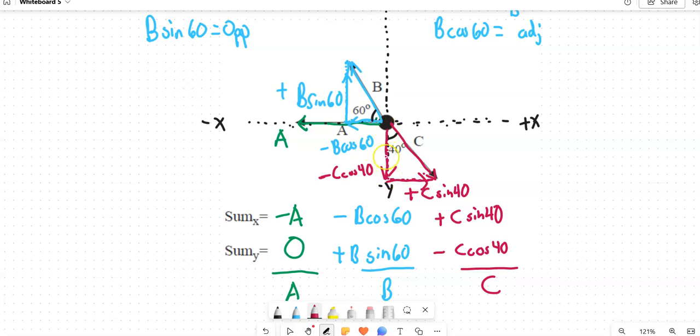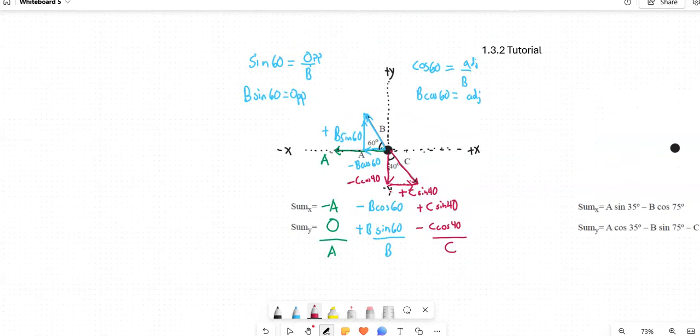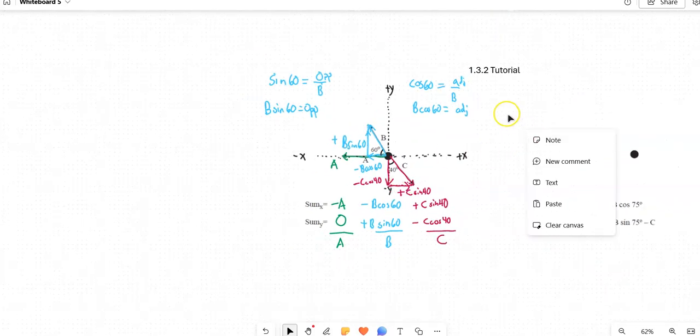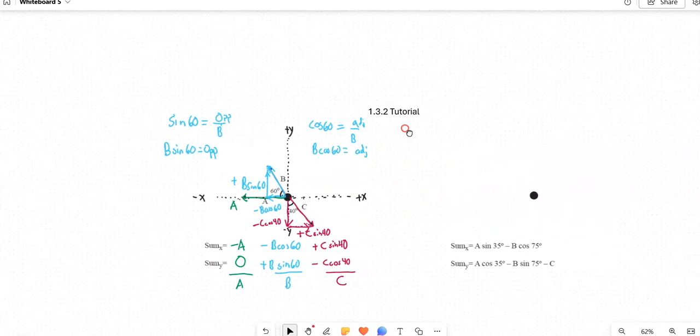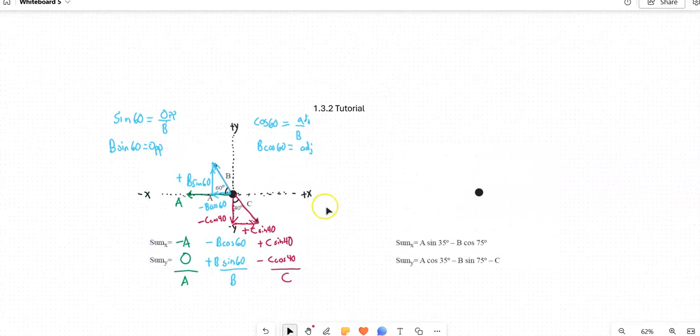The side that is adjacent to the angle is always going to be cosine. So in this case, since the angle 60 degrees is touching the horizontal, that happens to be cosine. But in this case, since the 40 degrees is touching the vertical vector, it is going to be c cosine 40 degrees. Okay? So that's how to do the first page of 1.3.2.